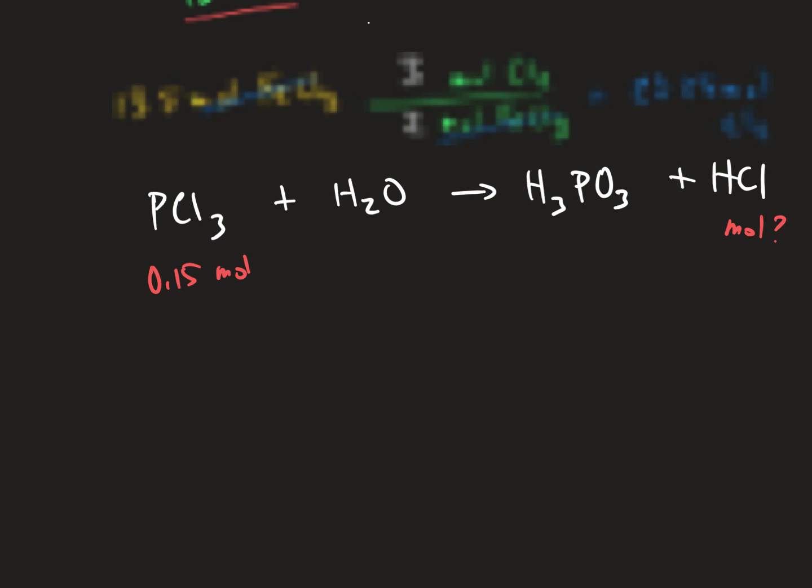We good with balancing this equation? Where's a good place to start? We can either start here or here. Do you understand why? Biggest numbers, 3, right? So, yeah, where do you want to start?